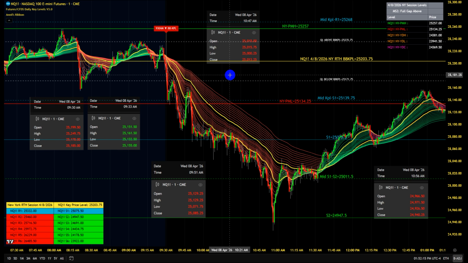Okay, so we have the same situation here. We have a close below. We have the 9:30 a.m. BBKPL close below alert. We have the red ribbon, which is confirming this entry. 9:30 a.m. candle close, 25.185.